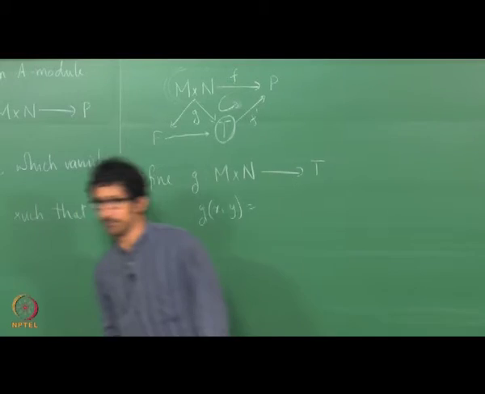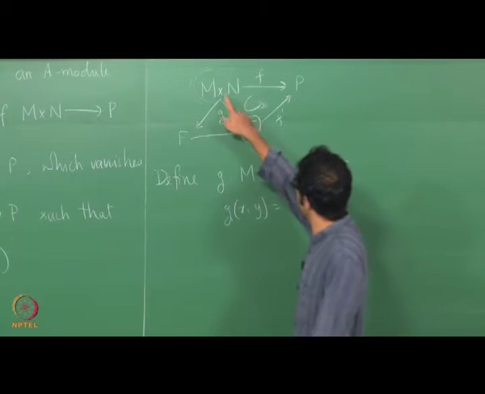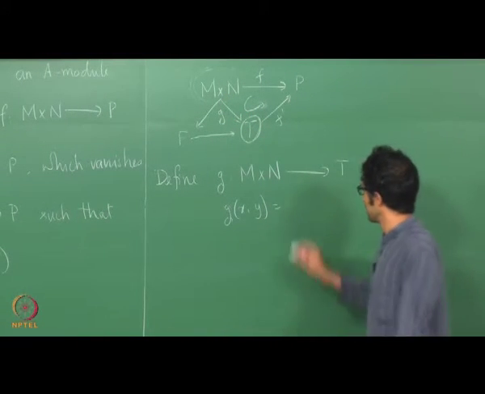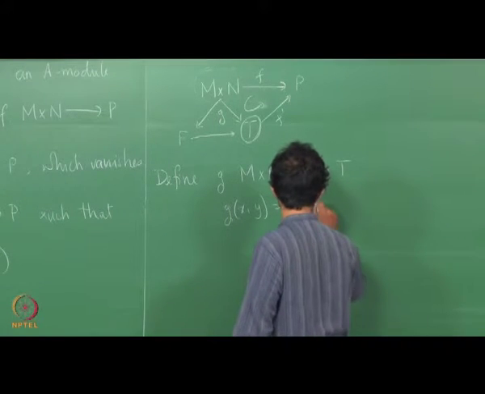I am denoting e bar (x, y) by x tensor y. So there is a natural map from M cross N to T, which I will denote by x tensor y.